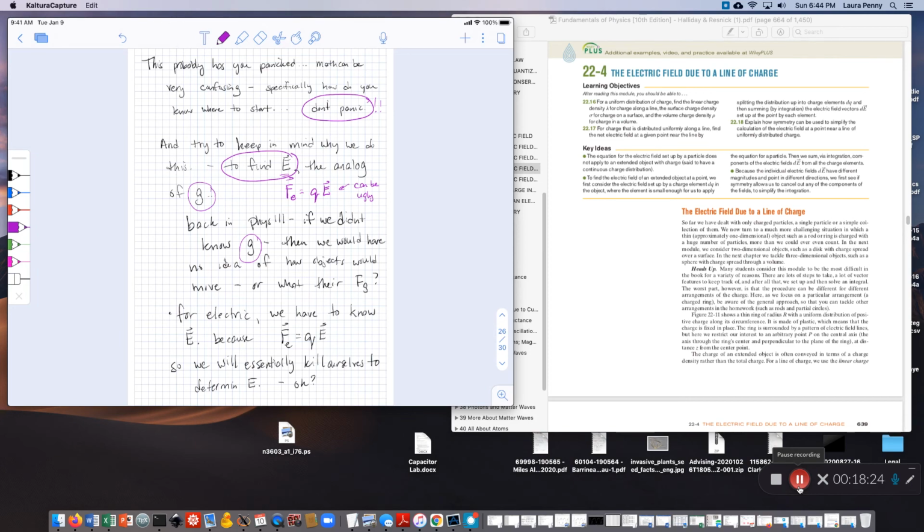The analog here is the same: if you know g, you can get F sub G. If you know E, you can get F sub E. And it's just sometimes it can be really hard to find out what the electric field is. And yes, we'll eventually kill ourselves trying to find E through this chapter and the next one after that.